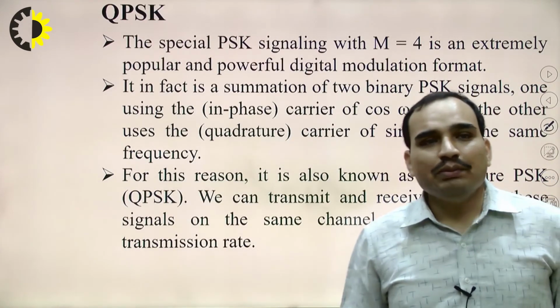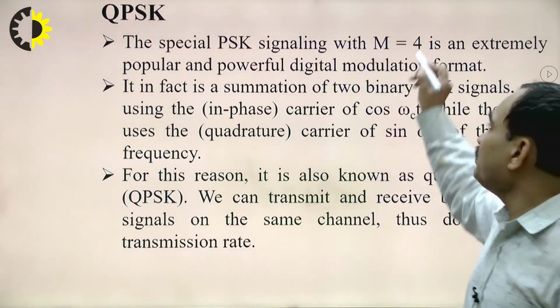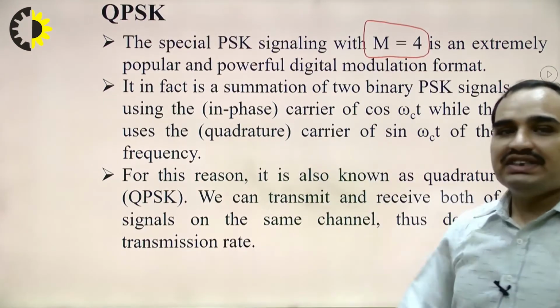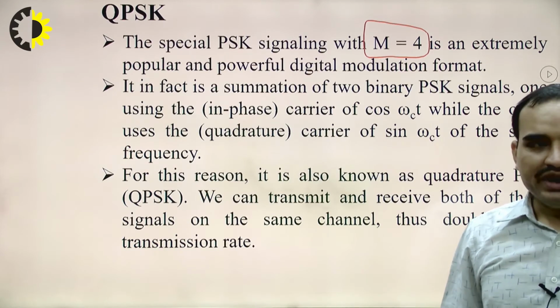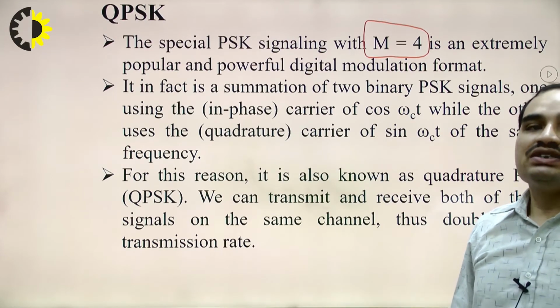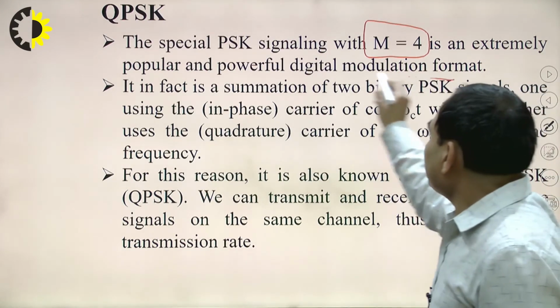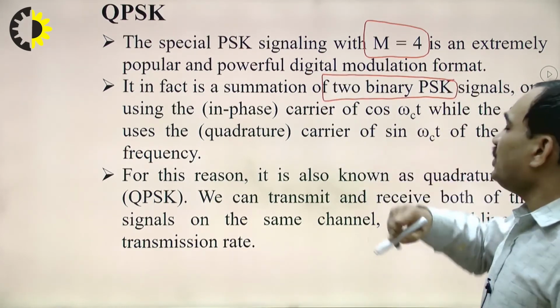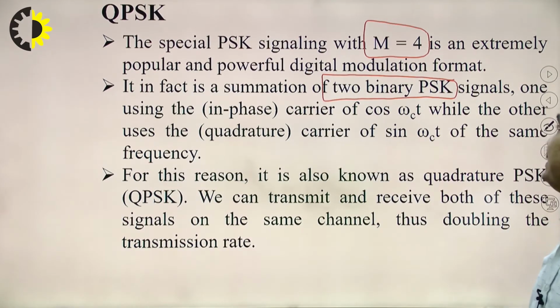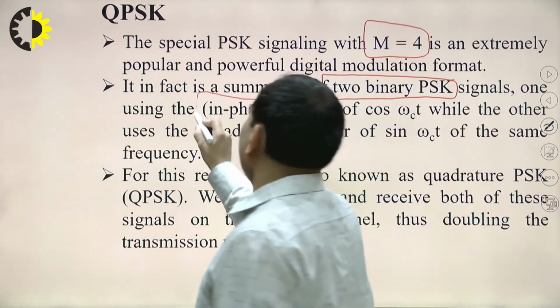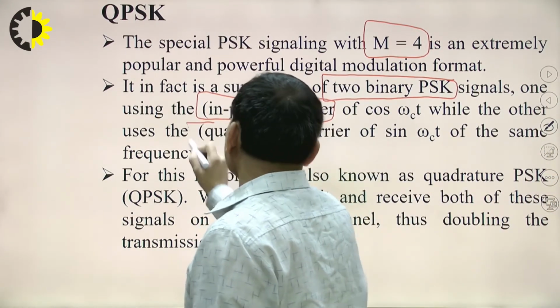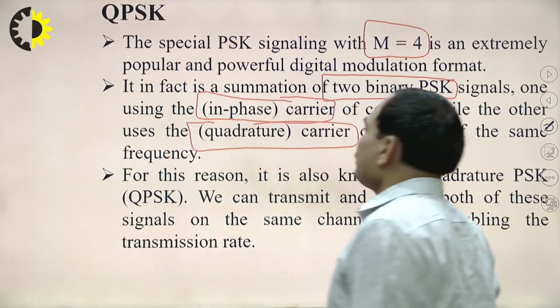So the spatial PSK signaling where the number of symbols M equals 4 is an extensively popular, powerful digital modulation format. In this, a summation of two binary PSK signals is used, in phase and quadrature phase. So we have an in-phase carrier and a quadrature-phase carrier in the case of QPSK.